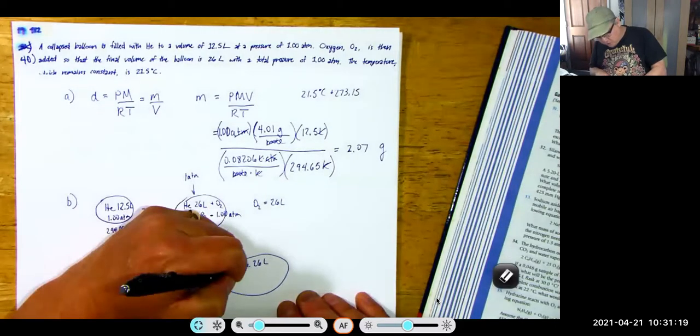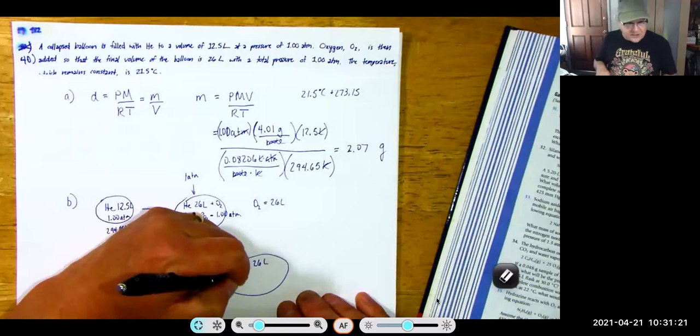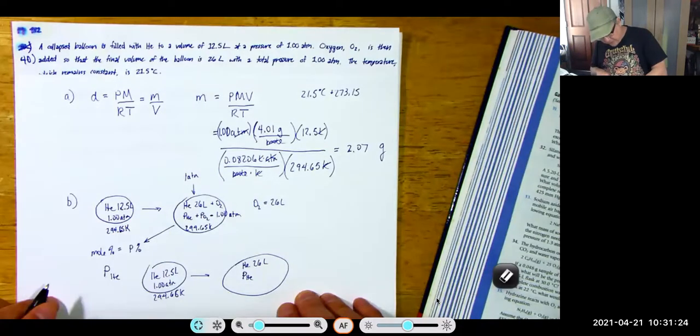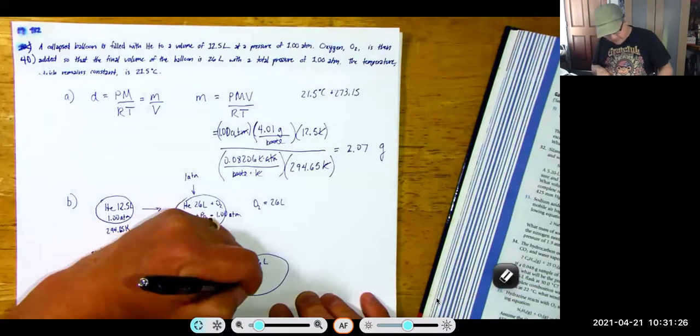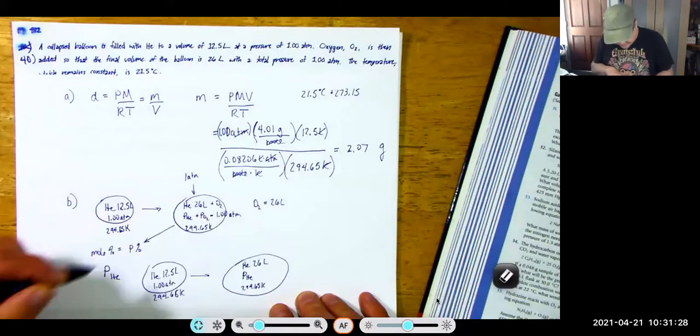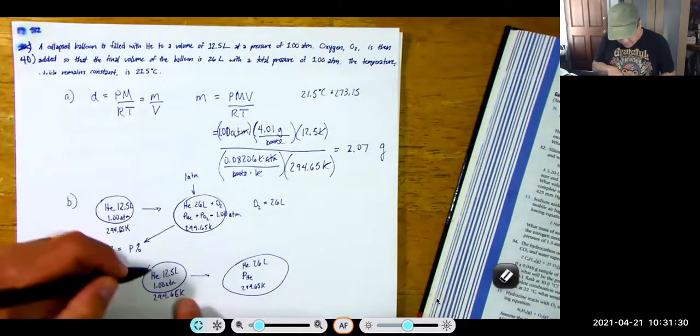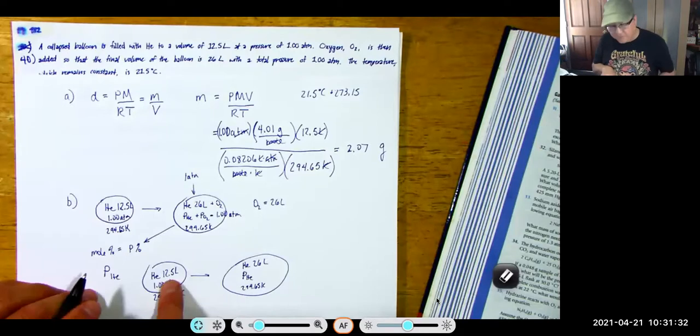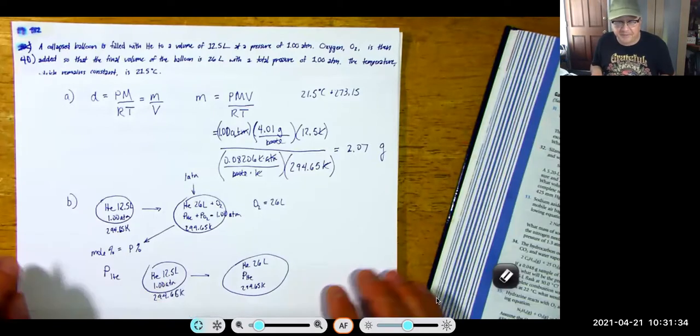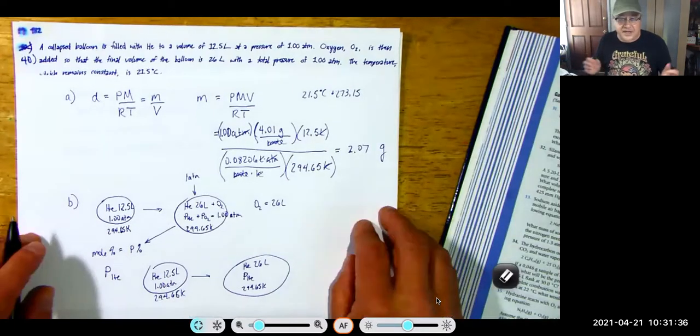We don't know the pressure, so I'll put P_He and 294.65 K. Can you see that the helium is going from a volume of 12.5 liters to a volume of 26 liters? Is that a change?